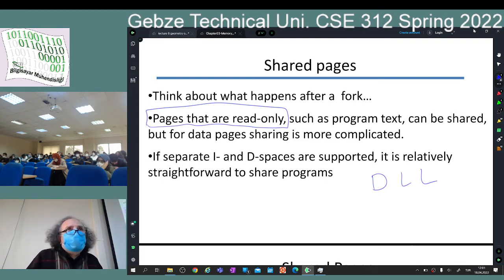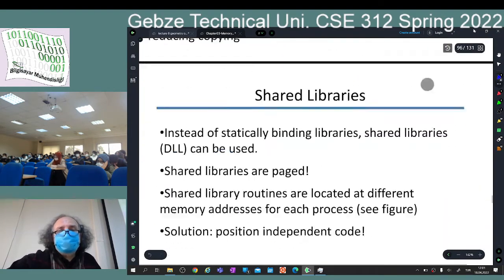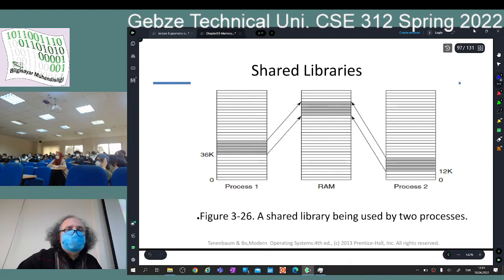I have 3 processes, they are using the same classes, but I don't have to replicate the code for each program. I put them in the same shared library like that. My process 1 and my process 2 think that they are using their own version of that library, but in fact they are sharing the same library in my memory.